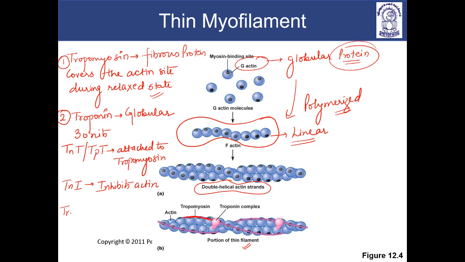And then comes TNC, which is a calcium binding unit. So these three units make the troponin complex. TN stands for troponin.